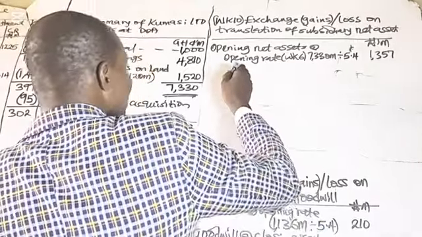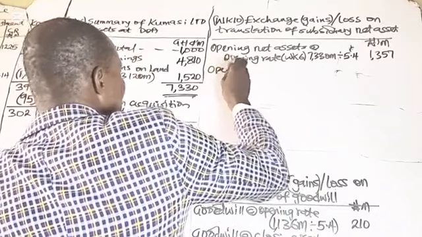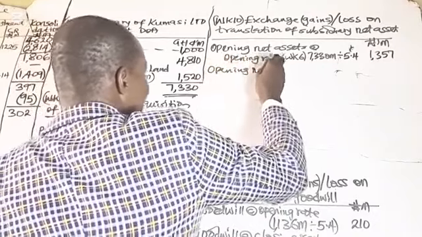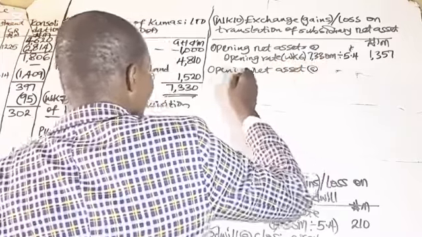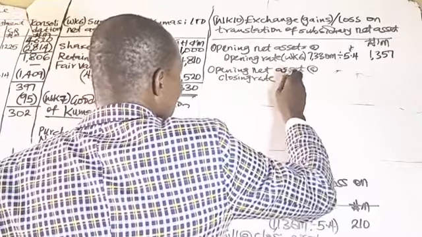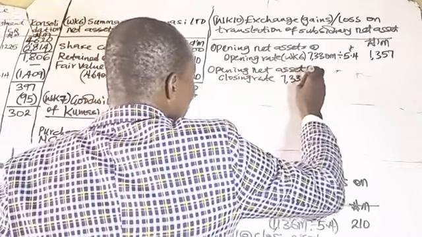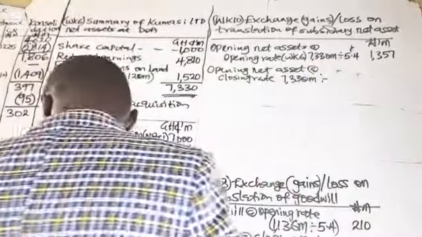Then opening net assets translated at closing exchange rate. The opening net asset is 7,330. And what is the closing rate? That same note 10.